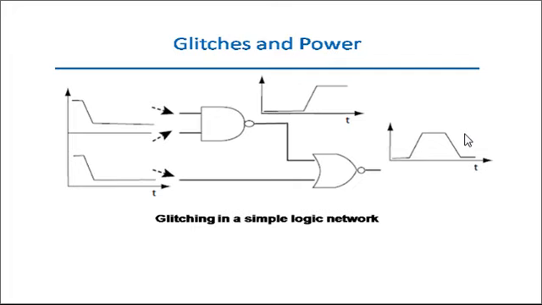It is unnecessary, a glitch in the output which is not required, and this switching from 0 to 1 or 1 to 0 will cause more power dissipation. That's why if you know which input will have more glitches, then you can have a better rearrangement of your design.